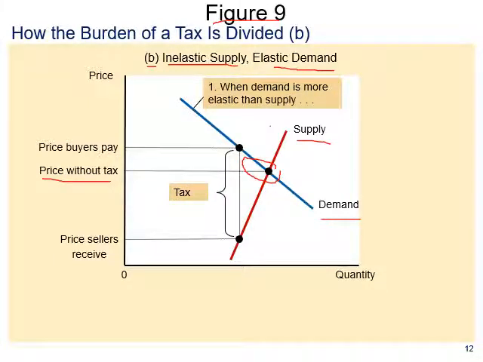When demand is more elastic than supply, the buyer will pay this price, the seller will receive this price, and this represents the tax wedge.